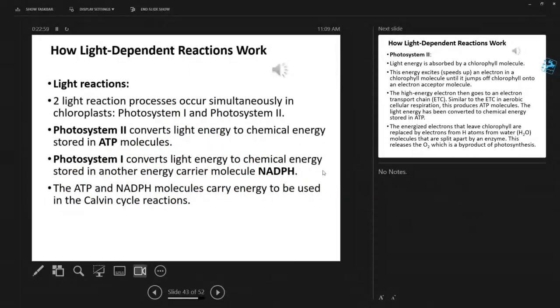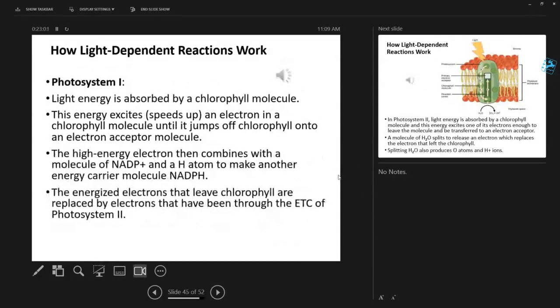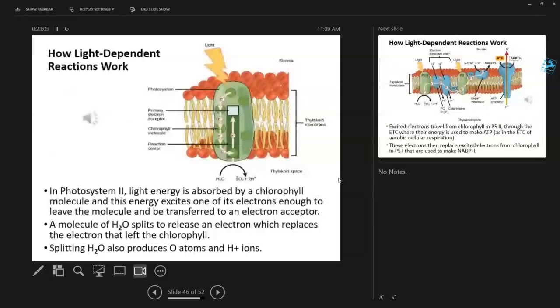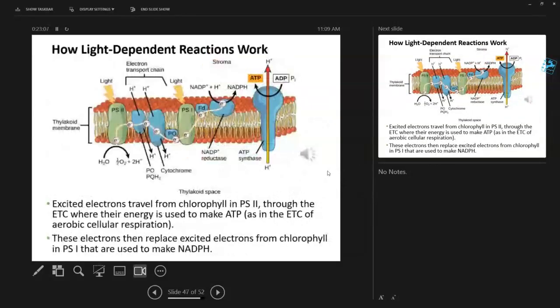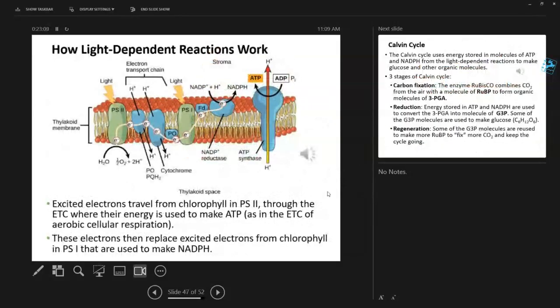Okay. So how does photosynthesis work? It's kind of complicated. The best way, I think, is to just skip to this one very complicated looking diagram, but again, it all makes sense. It looks complicated, but it makes sense. PS stands for photosystem.